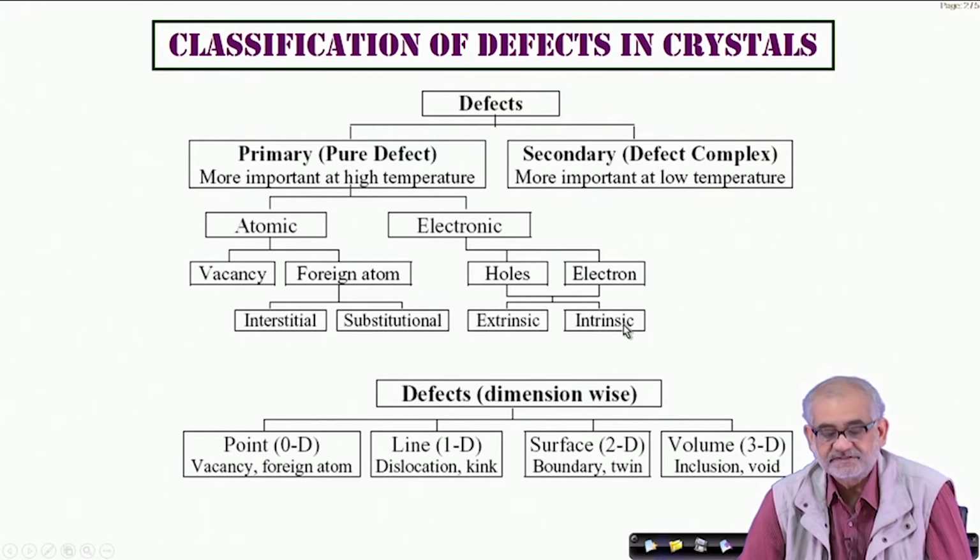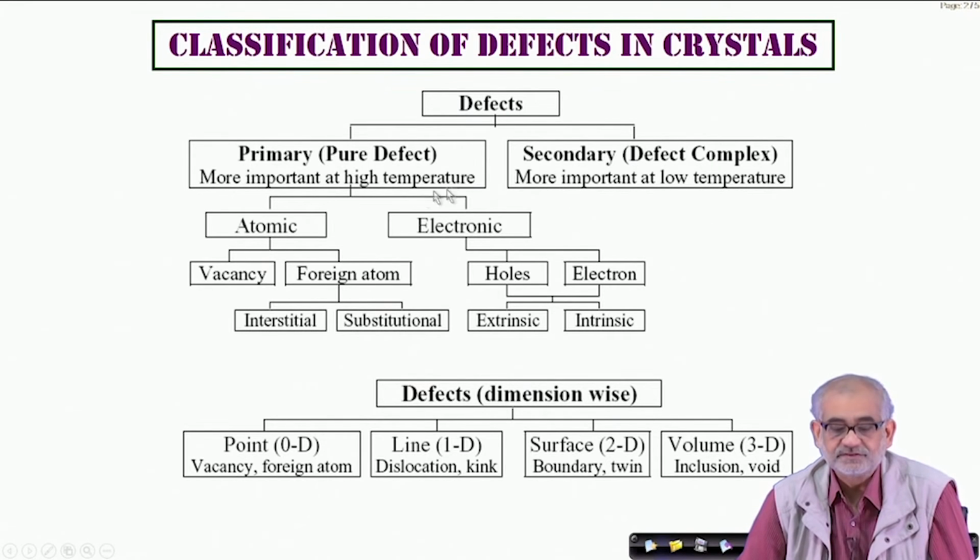By increasing the temperature, you can create differences in the density of electrons or holes, or by changing the composition, you can create a similar defect density. Now, this entire range of defects that we talked about are called primary defects because they are isolated and independent. But very rarely in a crystal do you see isolated pure defects.